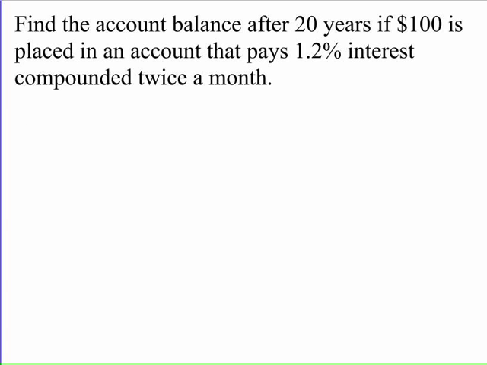All right, so real quick, we're going to look at another one of those. Account balance after 20 years. If $100 is placed in an account that pays 1.2% interest compounded twice a month. So let's first of all start. A equals, what's my principal? 100.